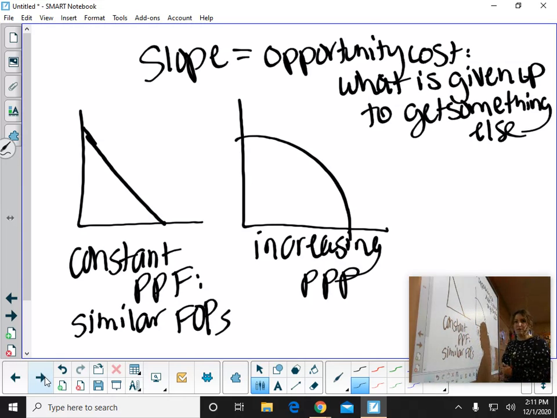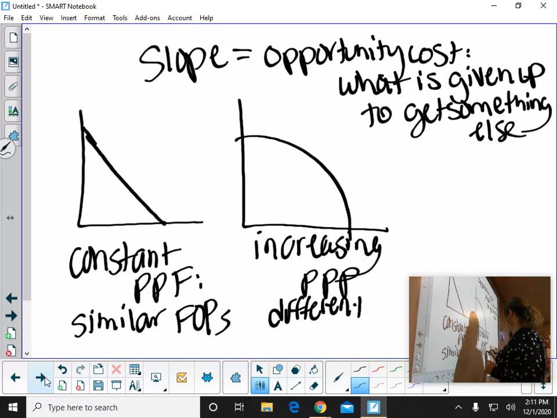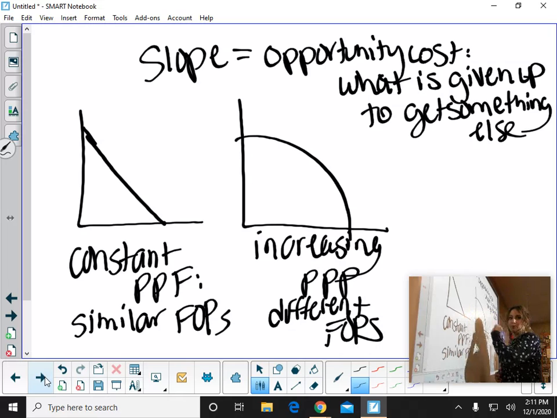While increasing PPF curves, these resources are totally different. So different FOPs. Like airplanes and bread. Completely different resources that go into production of those things.